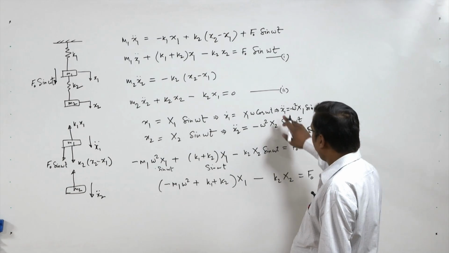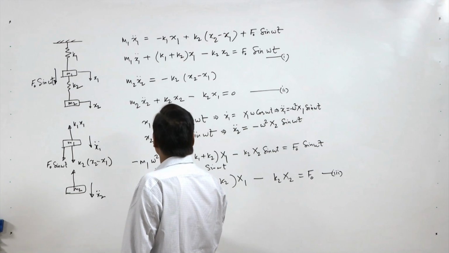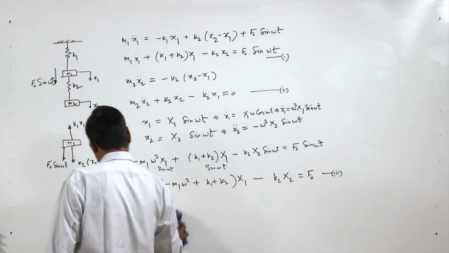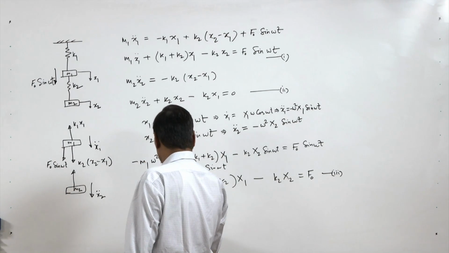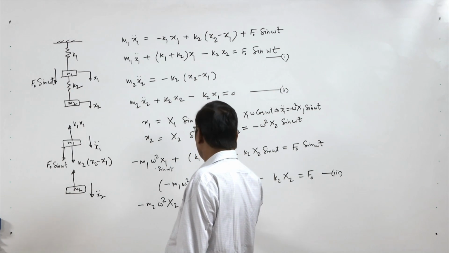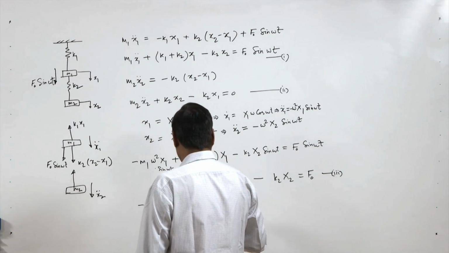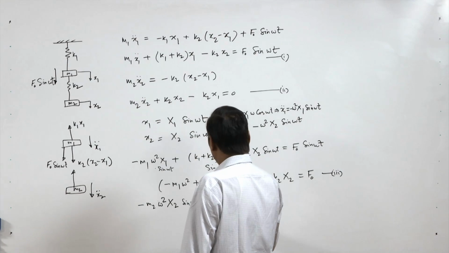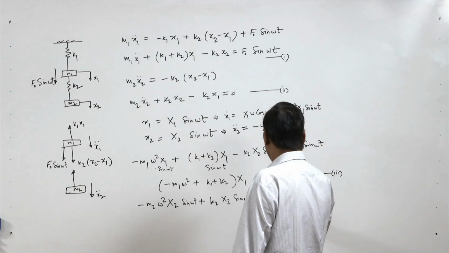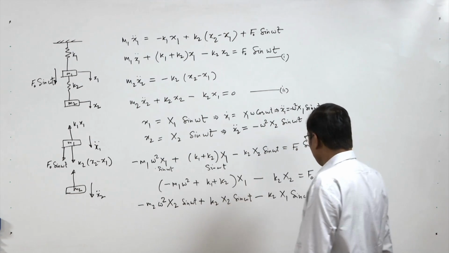Similarly, we can have equation 2. So minus m2 omega square X2 sin omega t plus k2 X2 sin omega t minus k2 X1 sin omega t equal to 0.